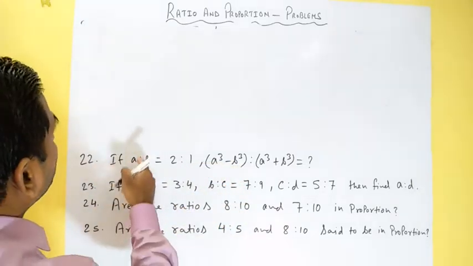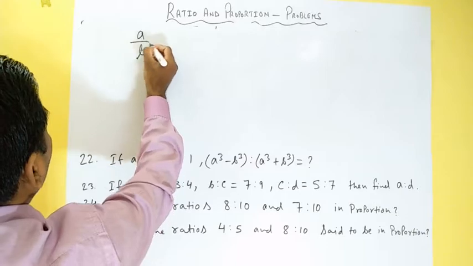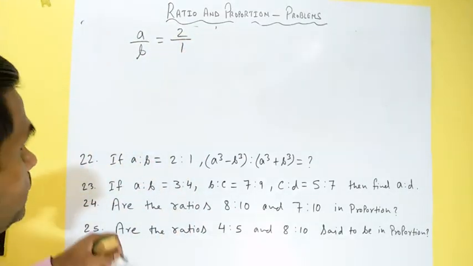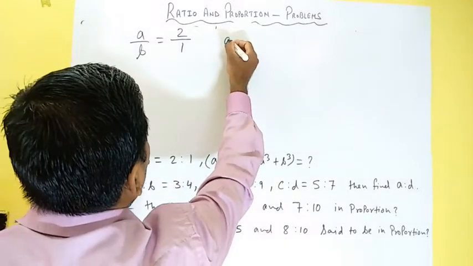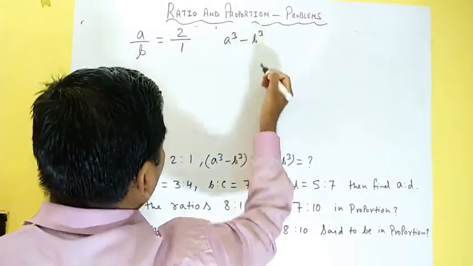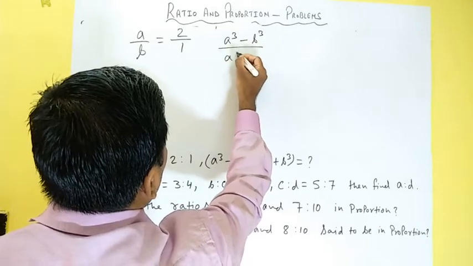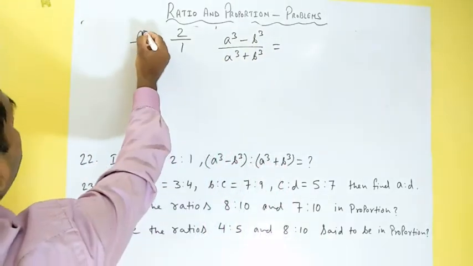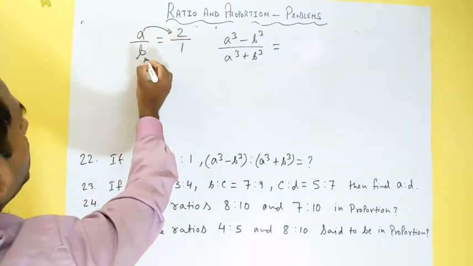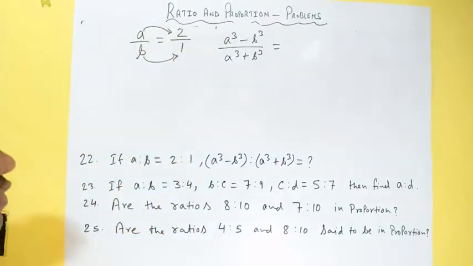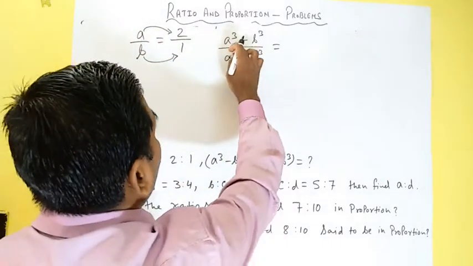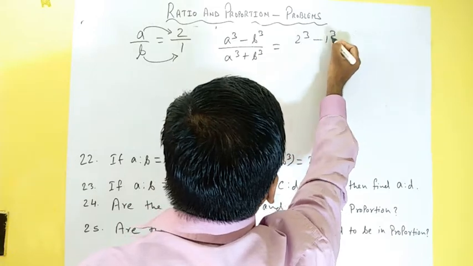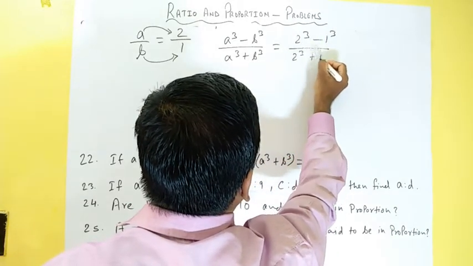Very easy. A is to B, we can write it as A upon B is equal to 2 upon 1. So now what we have to find is A cube minus B cube upon A cube plus B cube. So for this, we can consider A is equal to 2 and B is equal to 1. So if we take A is equal to 2, we will write here 2 cube minus 1 cube and 2 cube plus 1 cube.